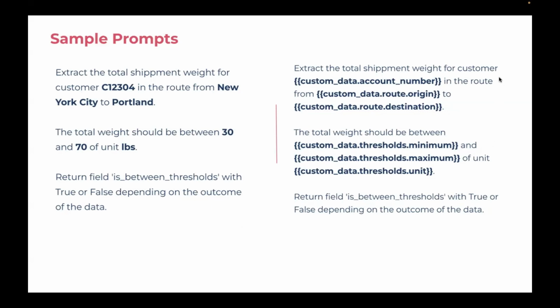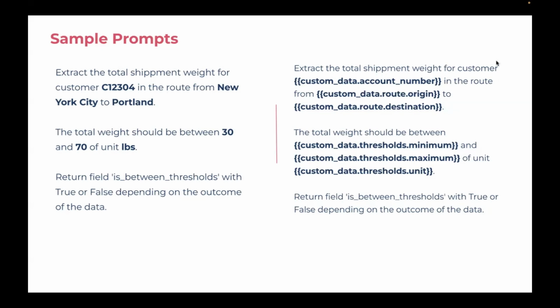So what we have over here with custom data parameter is that we are not specifying any particular value at all. Rather, we are using data variables. So you can see that there is a certain syntax for you to follow, which is you have custom underscore data dot followed by the variable name, which you will be attaching in your API calls.